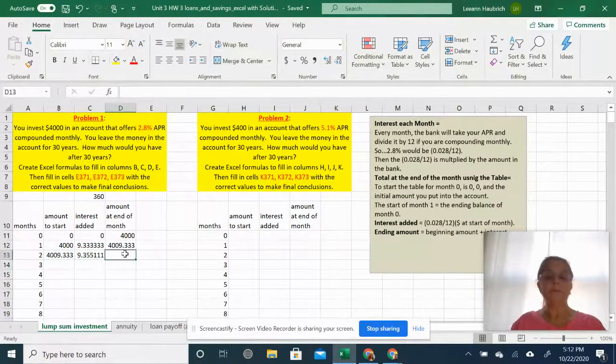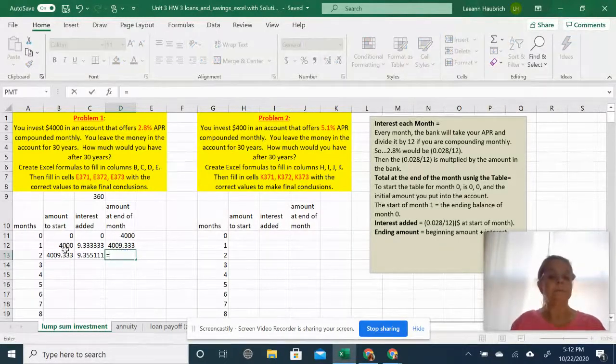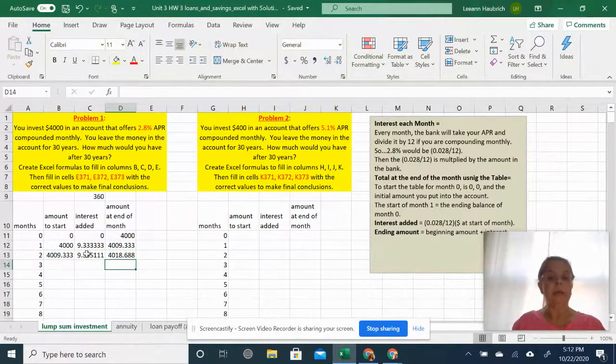And then the last part of this month is going to equal the amount that was in the account plus the amount of interest that particular month, and enter.